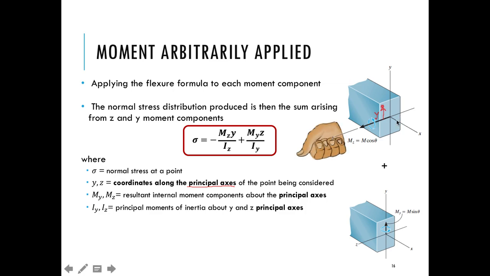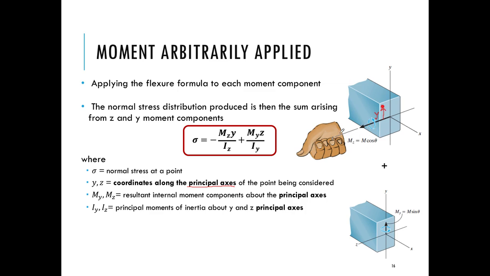Then please, if I use my right hand grip rule, pointing my thumb in the direction of the vector moment, then the curl of my fingers is giving me the direction of the turning effect or of the stresses. So if I use my right hand grip rule, I can see that for plus y's, मेरी fingers actually अंदर की तरफ curl हो रही हैं, such that at this point I get a compressive stress due to Mz. ठीक है.